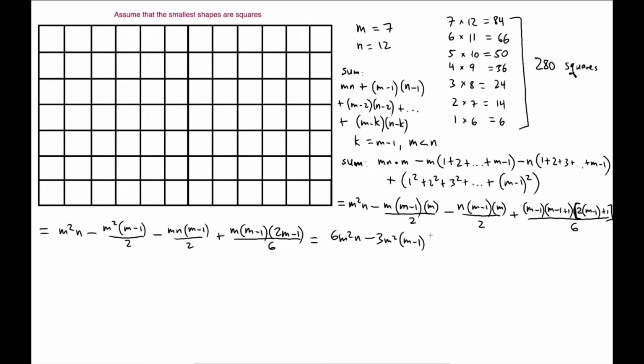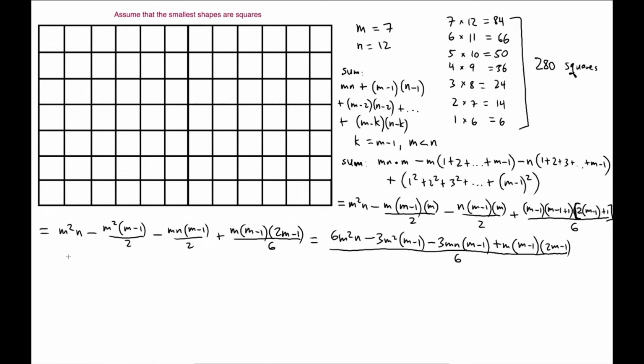And then I'm getting minus 3mn. All right, again, multiplying this by 3 because of that needed 6. So that's going to be m minus 1. And finally, plus m times m minus 1 times 2m minus 1, and this whole thing now divided by 6, right? Because we found the LCD, the 6, for all of these fractions.